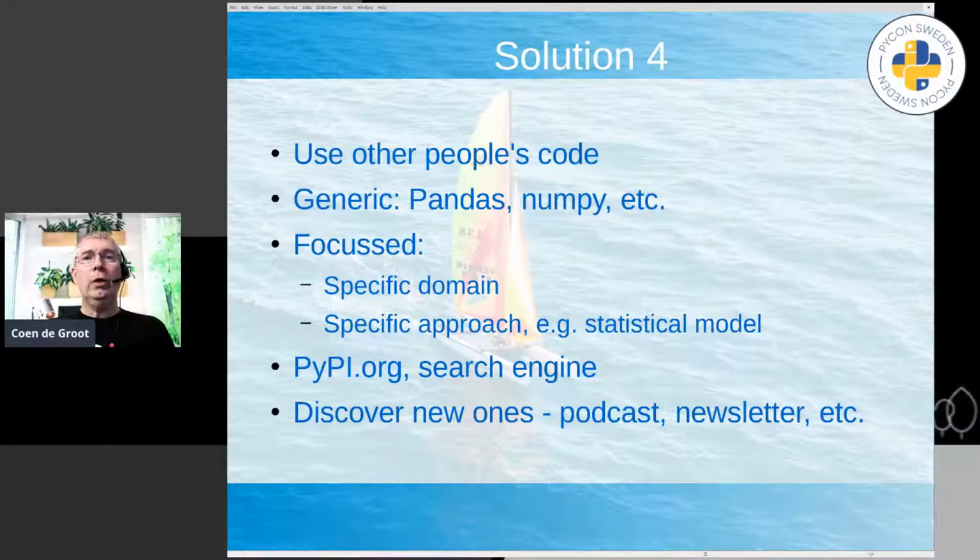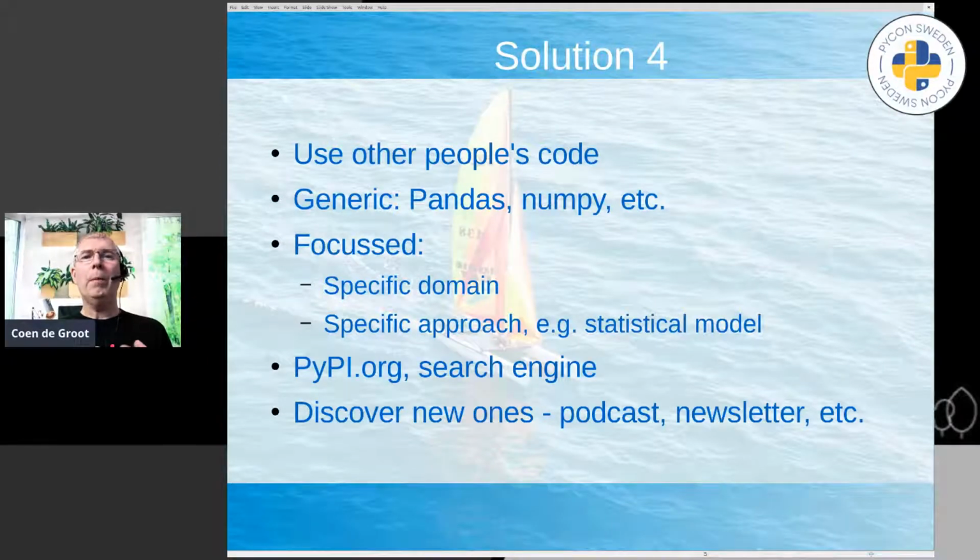Then the other solution is to use other people's code, which could be the generic. If you're a data analyst, you probably already use pandas, numpy, matplotlib, scikit-learn, etc. So those are more the generic ones. But there are also more focused tools for a specific domain, like for fintech, financial technology, for there's AstroPy for astronomers.